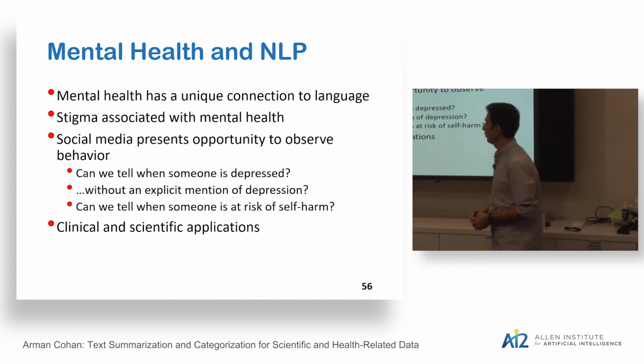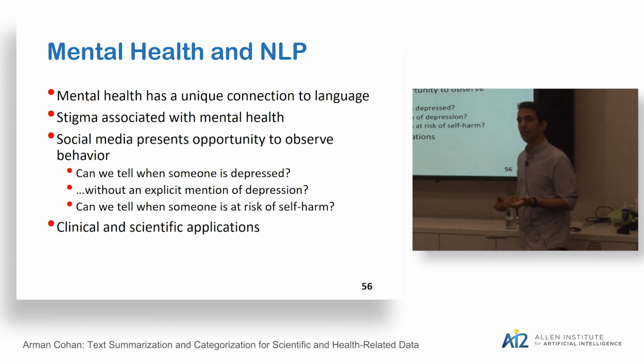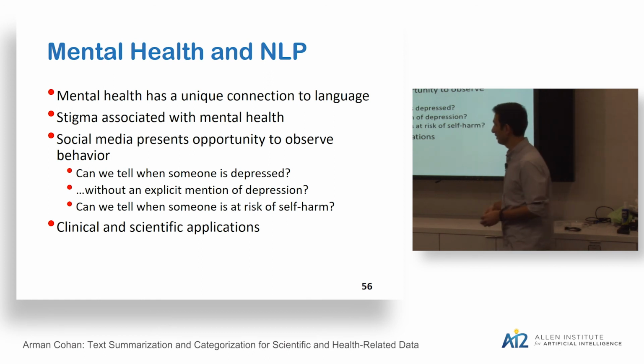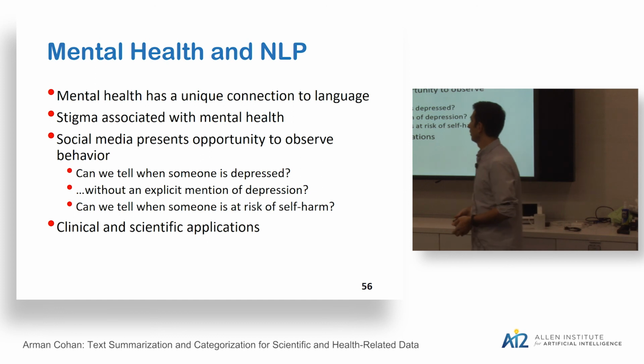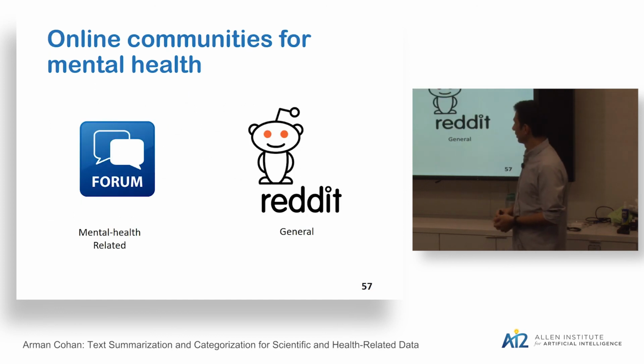We want to be able to answer questions like, can we tell someone is depressed without them saying that they're depressed? Or can we tell someone is at risk of self-harm? It has obvious clinical and scientific applications. For example, we can prevent suicide, or we can provide help for people that are depressed.